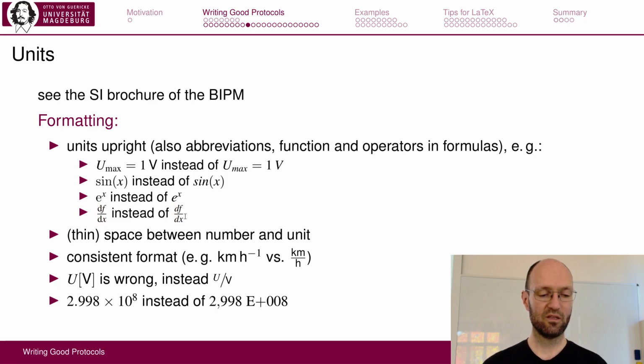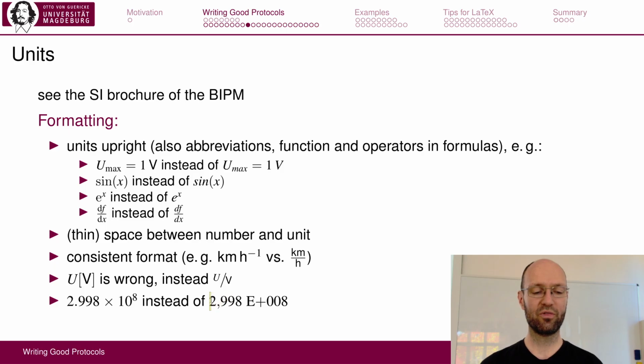Okay, then as said, there should be a thin space. In a longer document, it's of course good to use a consistent format. So everywhere write kilometer times hour to the power of -1, or kilometers per hour. Giving units in square brackets is usually wrong. And I mean, this number format looks much nicer than this number format, even though they mean the same in the end.